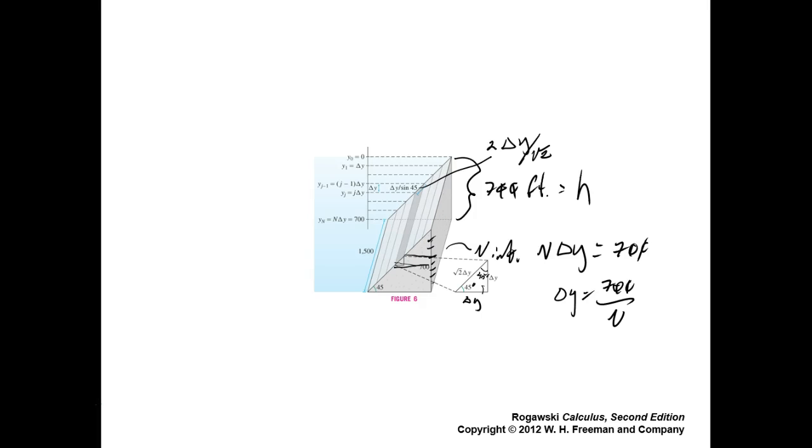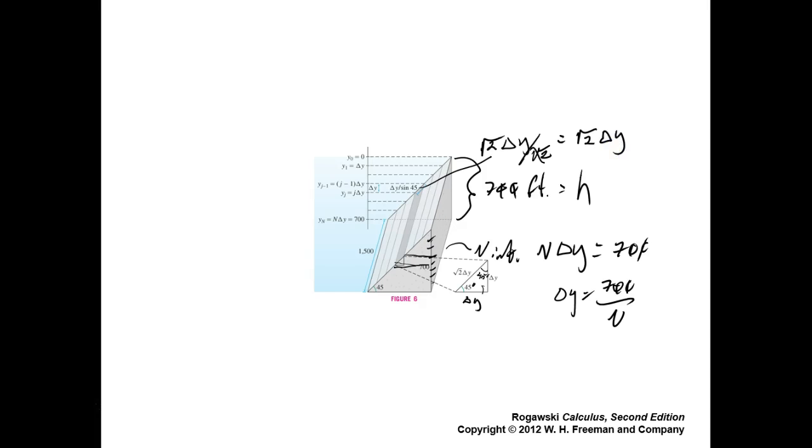By trigonometry, each strip has a width equal to delta y over sine 45, which they have as root 2, and that's the other way to write this, because root 2 will go into 2 root 2 times, so this is root 2 delta y. That's actually the better way to write it.